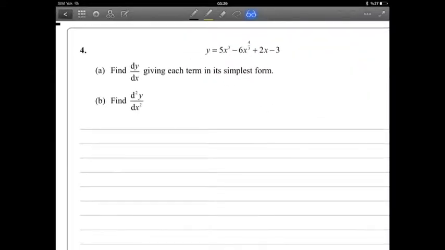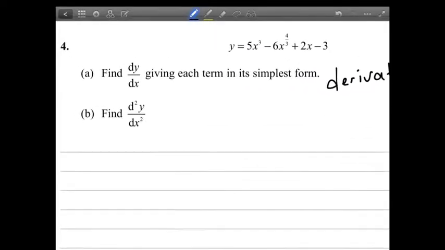The question asks, find dy over dx, giving each term in its simplest form. We have to take the derivative here, and we know the rule for finding the derivative.